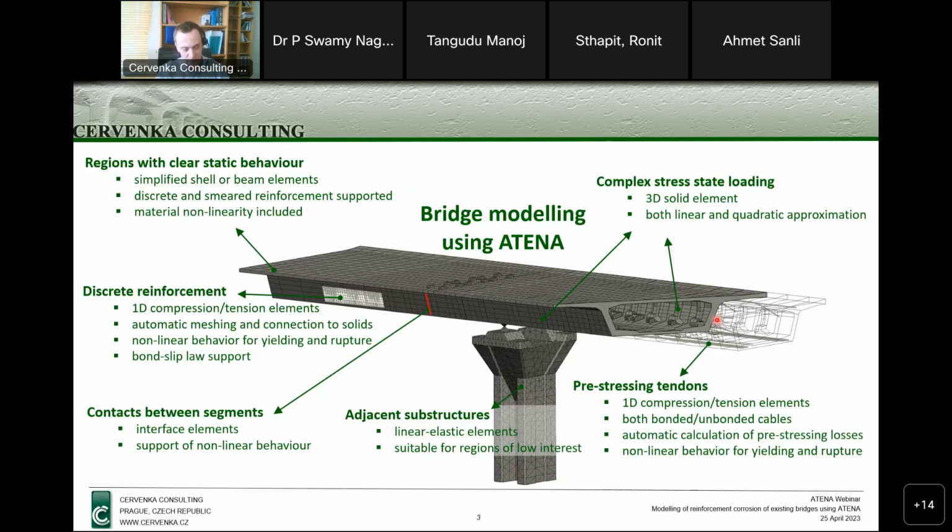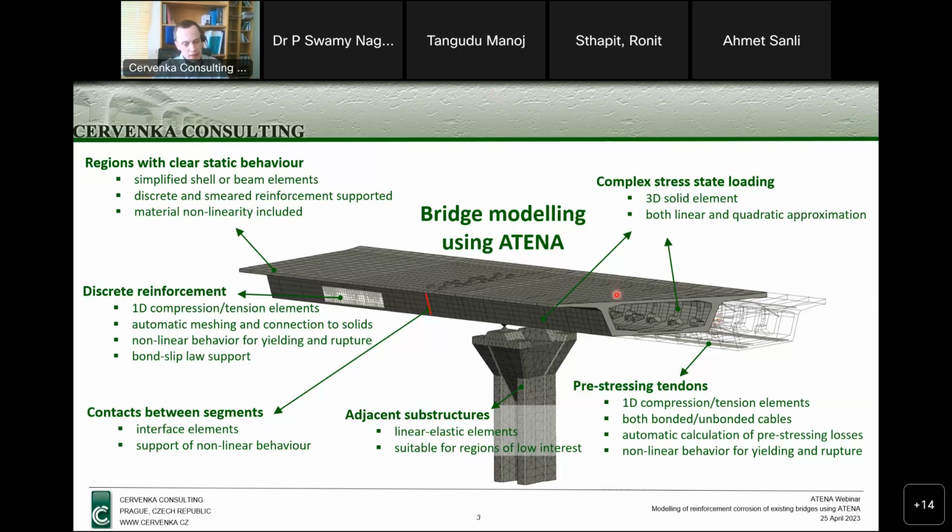If you are more interested in this topic, we have 2 or 3 webinars available on our YouTube channel, which specifically focus on modeling of reinforcement, and there is even a special section devoted to modeling of the typical pull-out test in the laboratory.